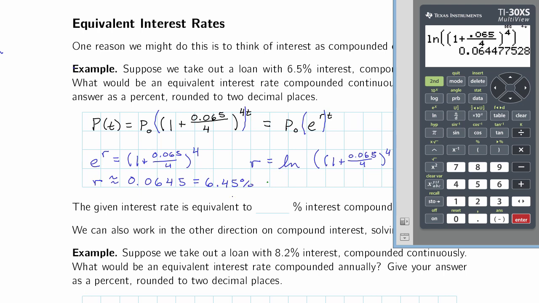That's a little bit lower than when the interest rate was cited compounded quarterly.